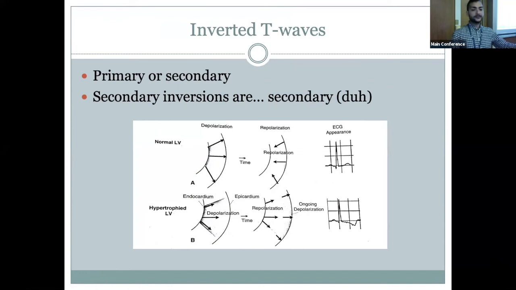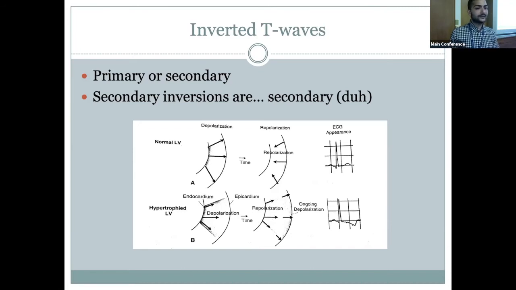Okay, so inverted T waves. Looking at the literature, they talk about T waves being inverted for primary or secondary reasons. I don't find it all that helpful to think about T waves this way. Primary T waves, they talk about being secondary to ischemia or injury, and secondary T waves are due to abnormal ventricular excitation, so it's secondary to the abnormal depolarization.